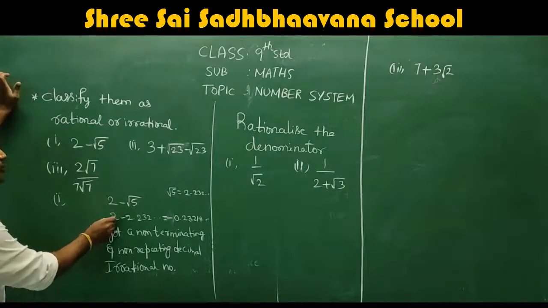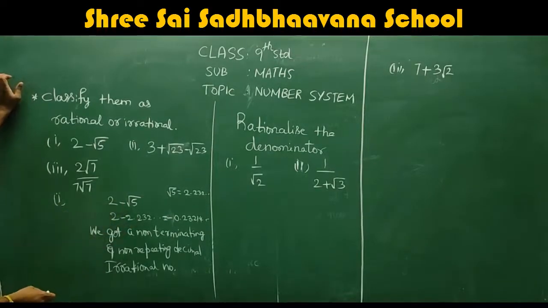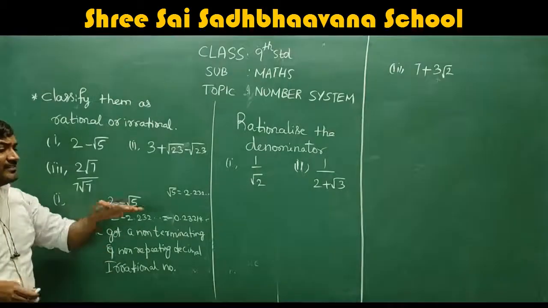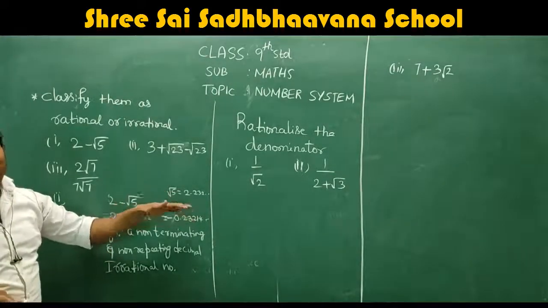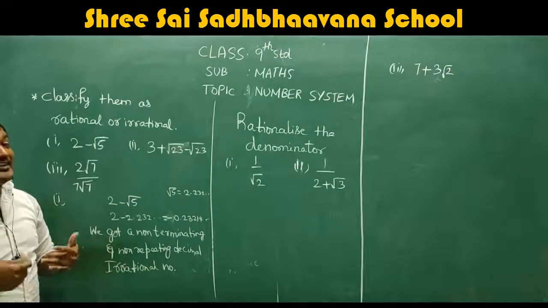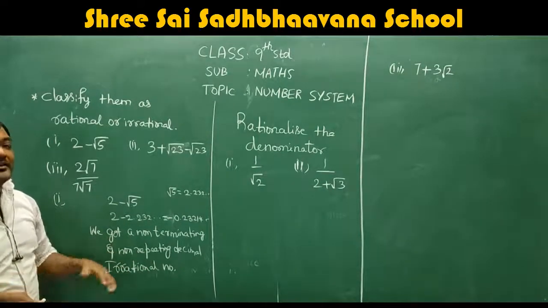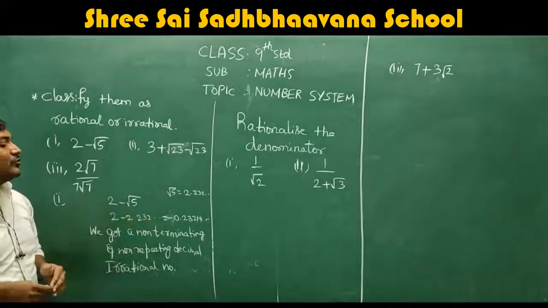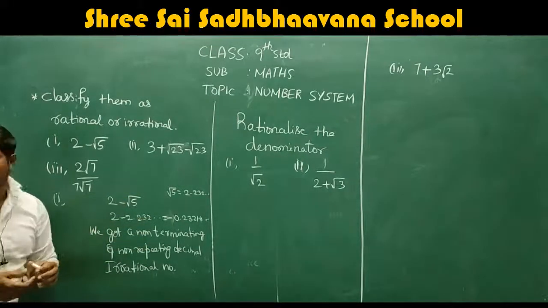So from 2 we are subtracting 2.232, and you will get minus 0.23214 and so on. That means the decimal expansion is still there. We just put dots. So we got a non-terminating and non-repeating decimal, which is considered an irrational number. So 2 minus root 5 is an irrational number.